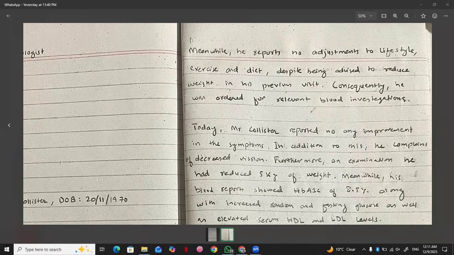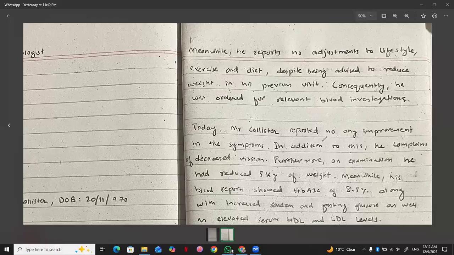You can write the word order, it is fine, but it should be in a passive way, you don't need to sound rude. So, consequently, some relevant investigations were ordered. This is a passive voice.